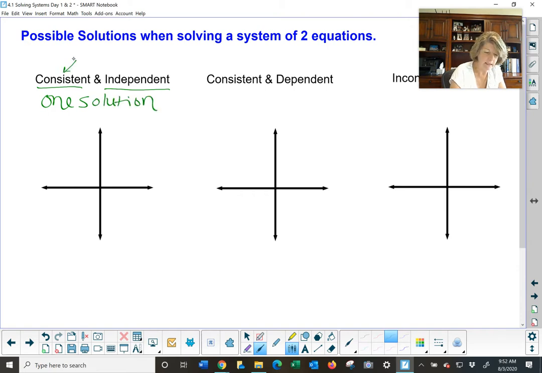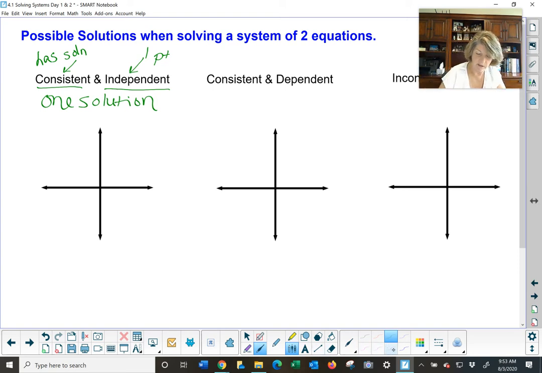The word consistent means there is a solution, and the word independent means that there is one point in common. They're independent of each other except for where they cross.